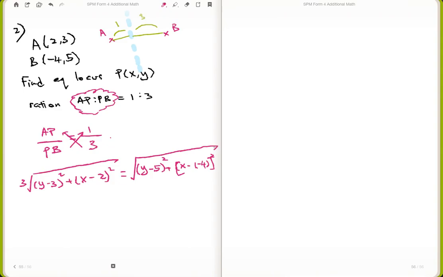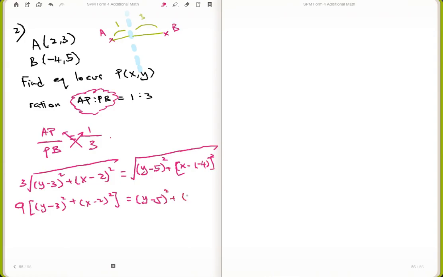You may use a calculator to solve it, but first of all, you need to square both sides, so that what you get here will be 9, and then wow, quite long. Y minus 3 squared plus x minus 2 squared, square bracket will be equal to y minus 5 squared.